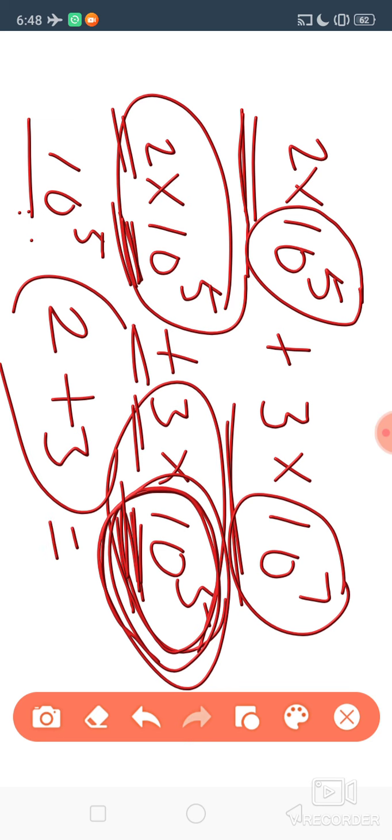Overall, 2 plus 3 is 5, so we get 5 into 10 to the power 5.